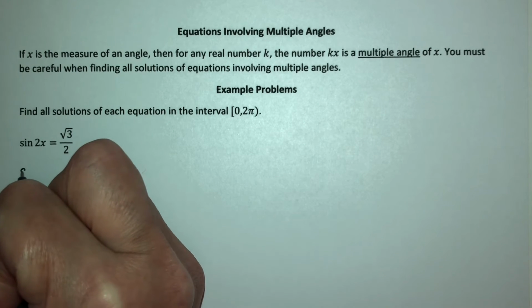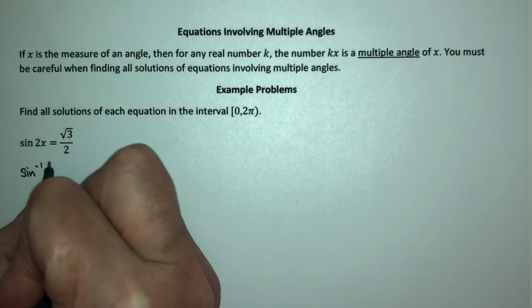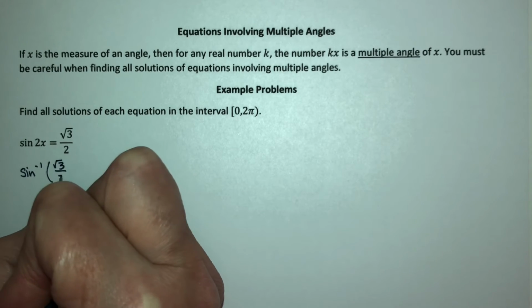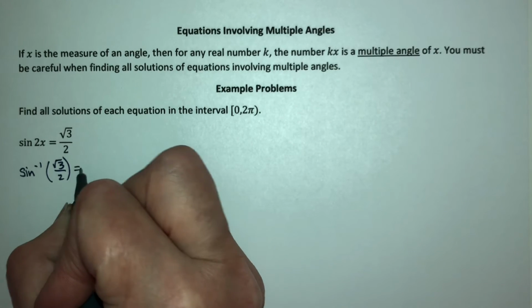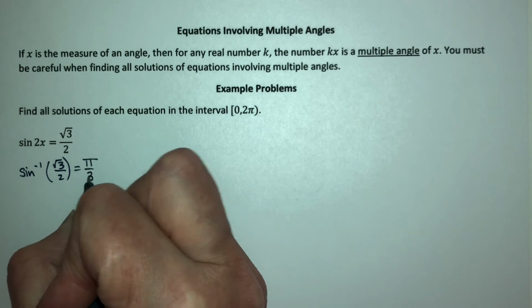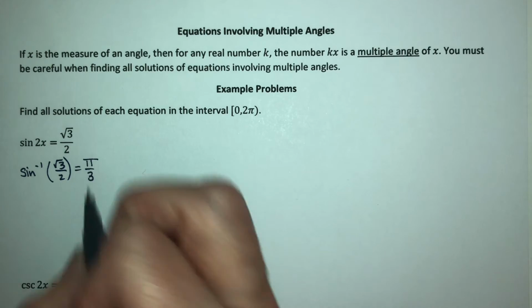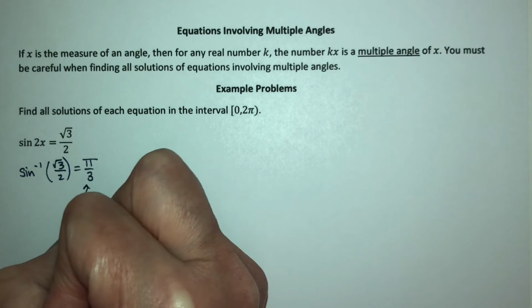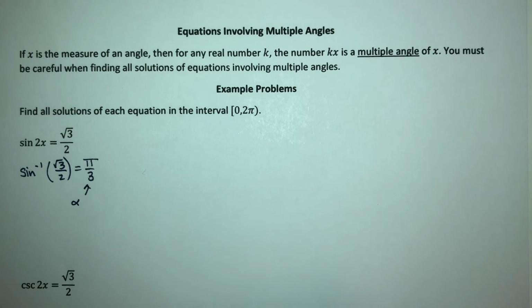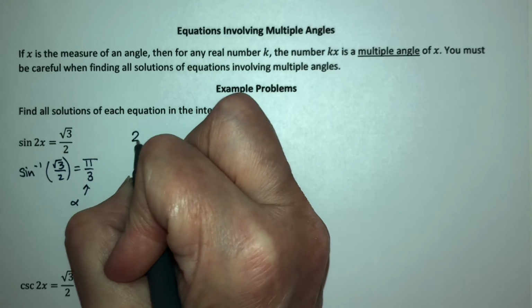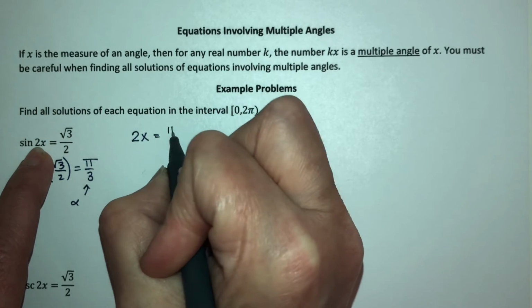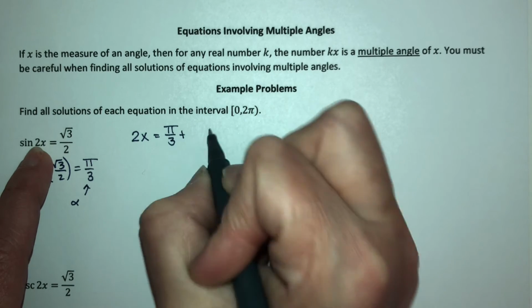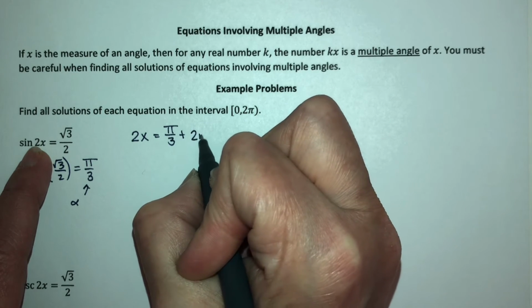So I want to find sine inverse of square root 3 over 2. And that would be pi over 3. Okay, so this is alpha. I have 2x, the argument of our sine, is equal to pi over 3 plus 2n pi.